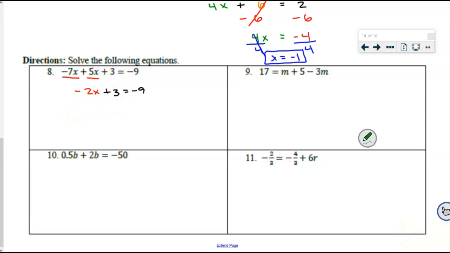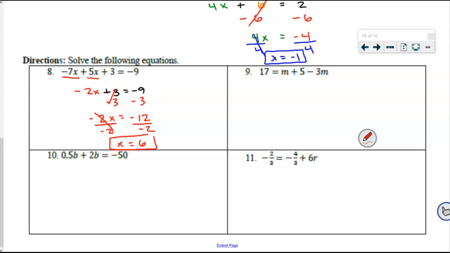I'm going to undo adding 3 by subtracting 3. Balance it, do the same thing to the other side. That zeroes out, and I have negative 2x is equal to negative 9 minus 3 is equal to a negative 12. Divide each side by a negative 2. And we have x is equal to a positive 6.